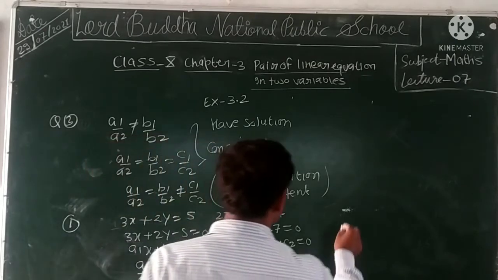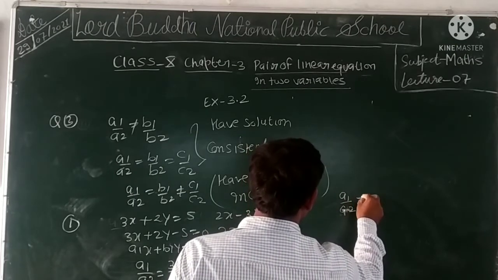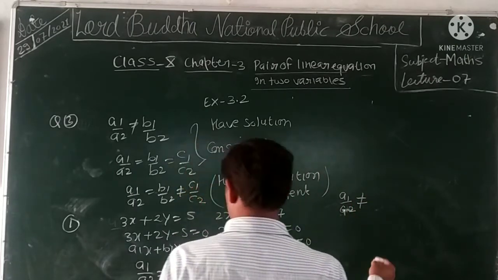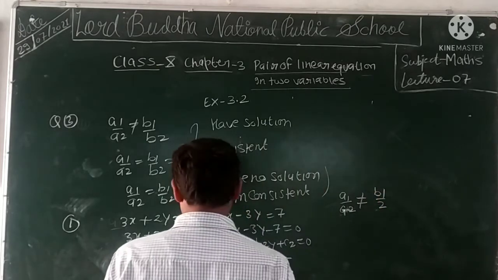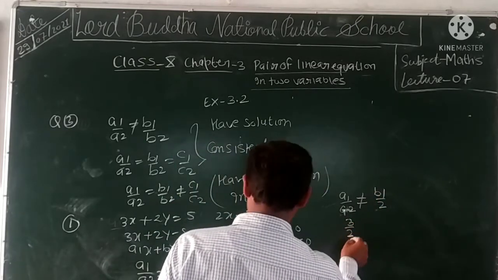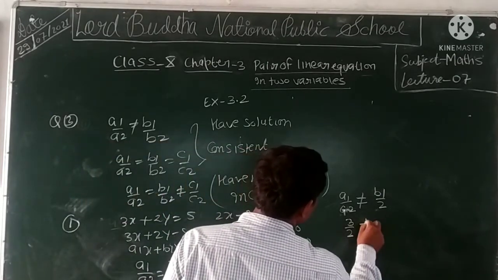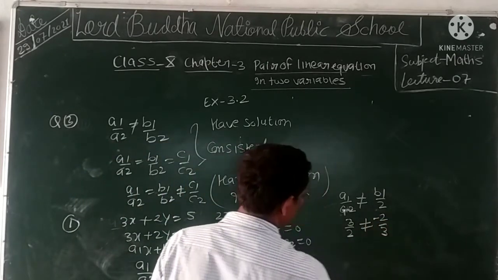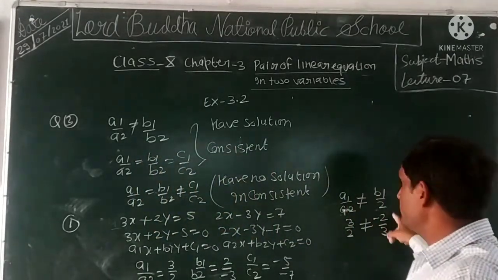Now we say a1 upon a2 is not equal to b1 upon b2, because here a1 upon a2 is 3 by 2 while b1 upon b2 is minus 2 by 3.